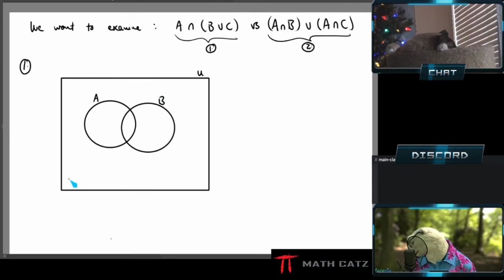It covers every possibility. There's an outside, there's an overlap, there's something with just in one set, something just in the other set. But when I now want to position another set C, I need to cover all potential overlaps that could occur. It has to be positioned over here.